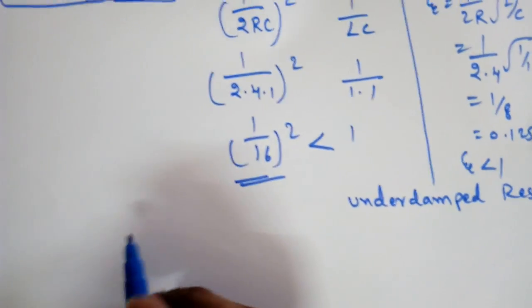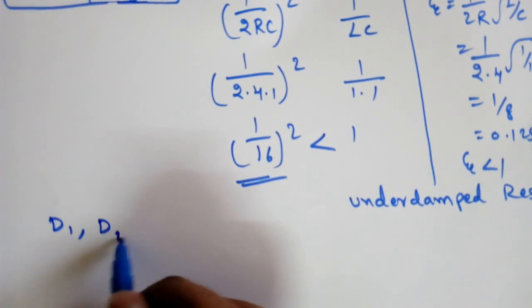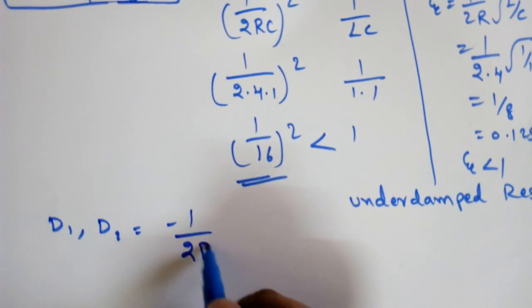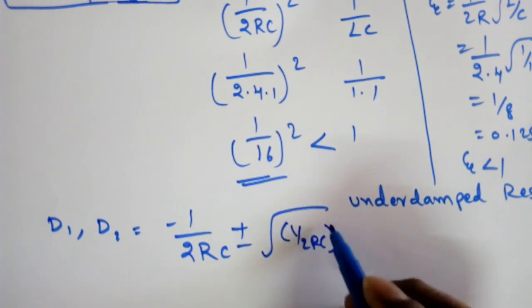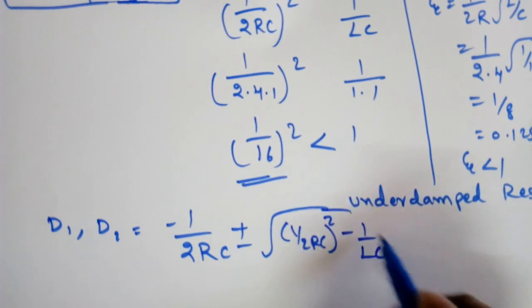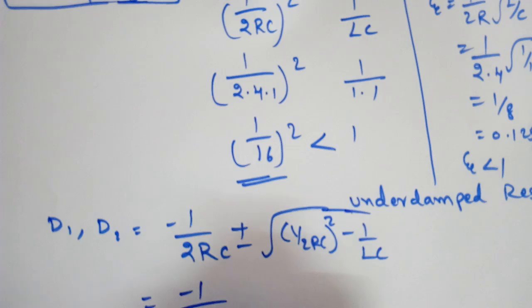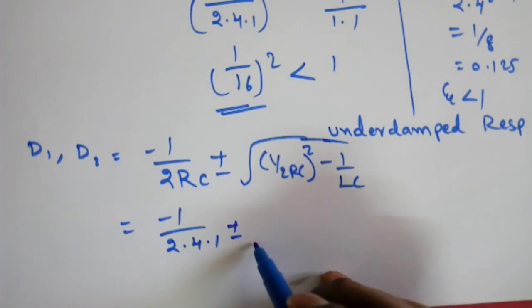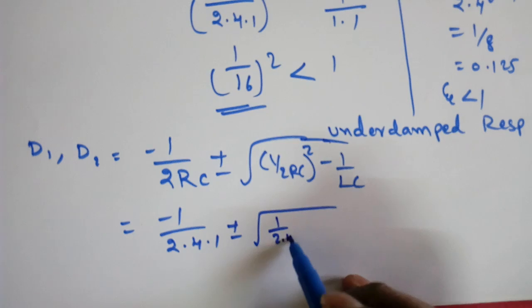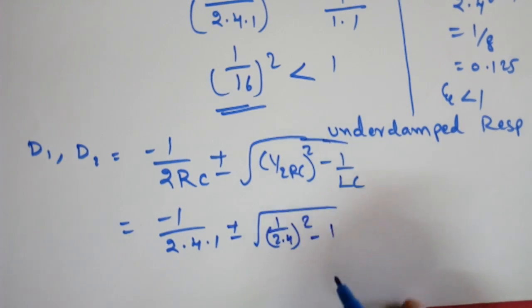To find this, we know D1, D2 is minus 1 by 2RC plus or minus root of (1 by 2RC) square minus 1 by LC. So that is minus 1 by 2 into 4 into 1 plus or minus root of (1 by 2 into 4) whole square minus 1.